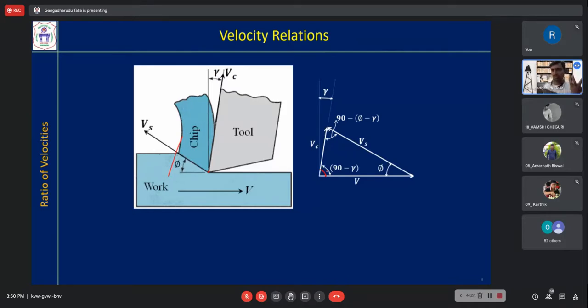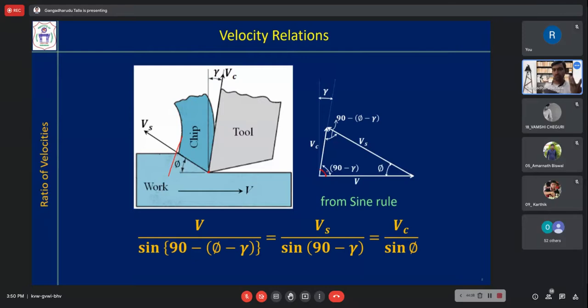Now you can apply sine rule. So what is sine rule? Of course, you can apply in different ways. So you will say Vc by sine phi. Vc and opposite to that is phi.